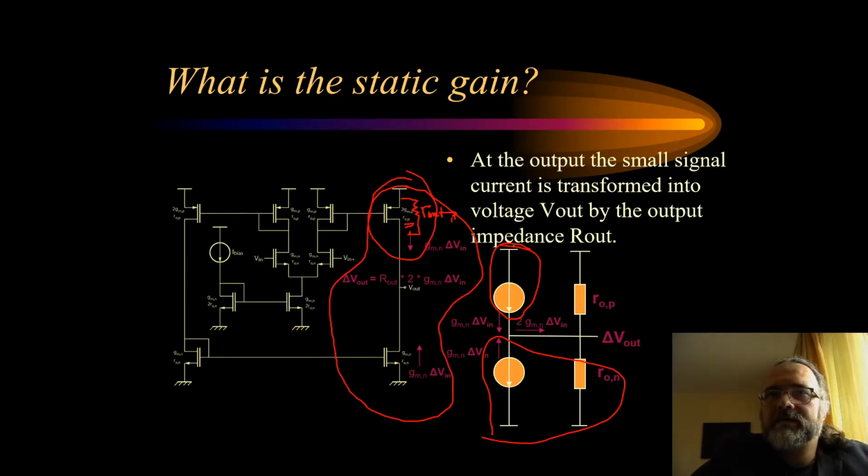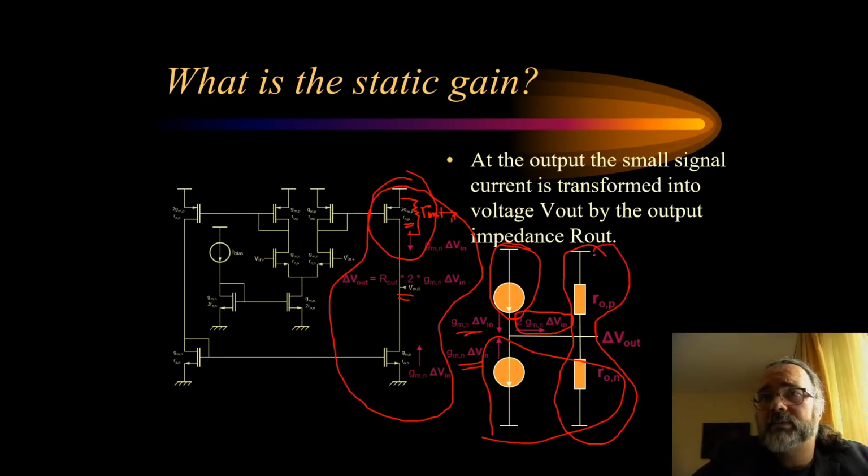Then this small signal current source supplies this current. And this current in this direction is this current. The difference of the currents is this and will flow through the output resistance of the output node. And the output resistance of the output node is constructed by the two output resistances which are actually in parallel.